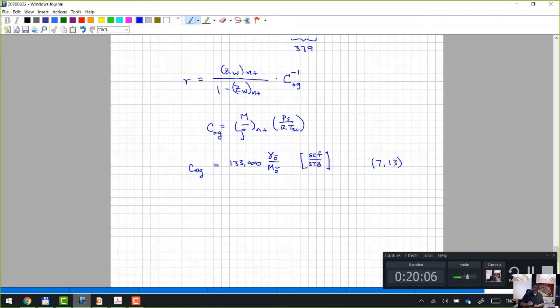So the inverse of that up there would give you the stock tank barrels per standard cubic feet. Just a second here. Maybe I got this wrong.